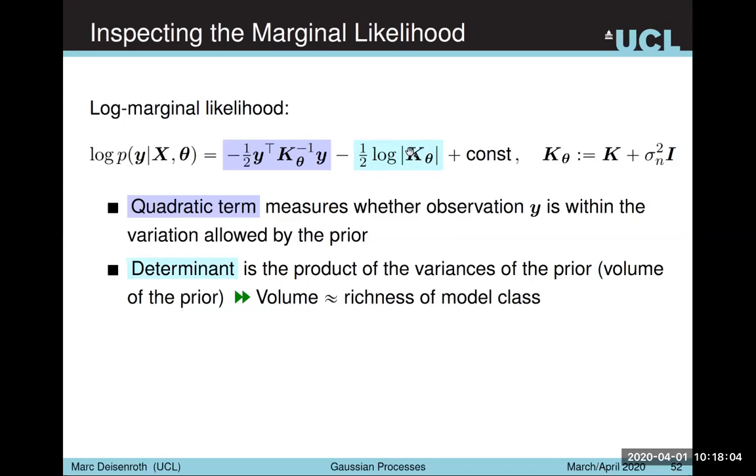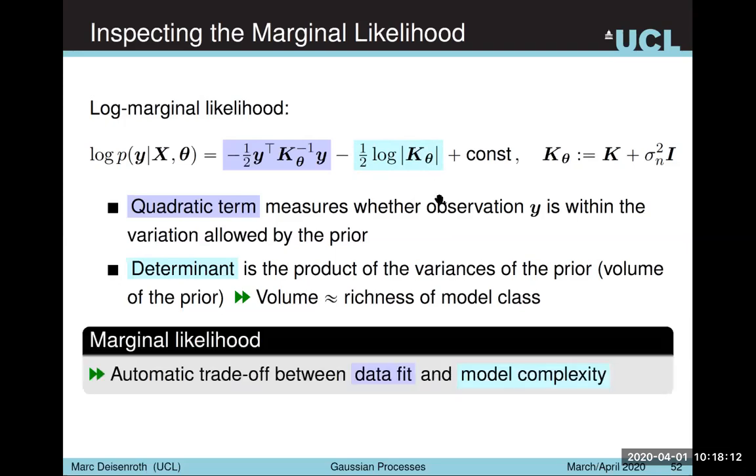And that normally means we restrict the model class to something that is relatively simple. So what that means is that the marginal likelihood automatically trades off between fitting the data, which is this quadratic term, and taking care of the model complexity, which is this log determinant term.